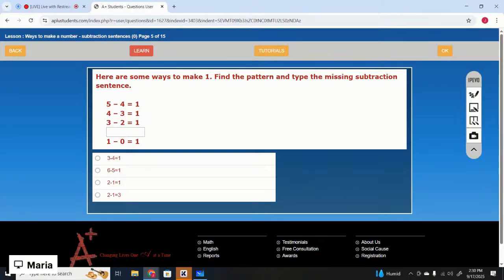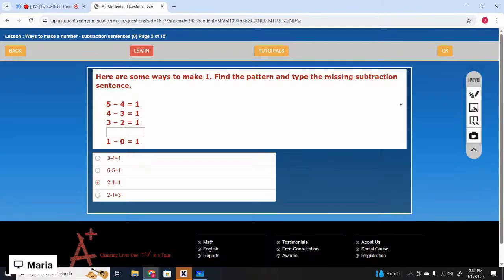Here are some ways to make 1. Find the pattern and type the missing subtraction sentence. That is 2 take away 1 is 1.